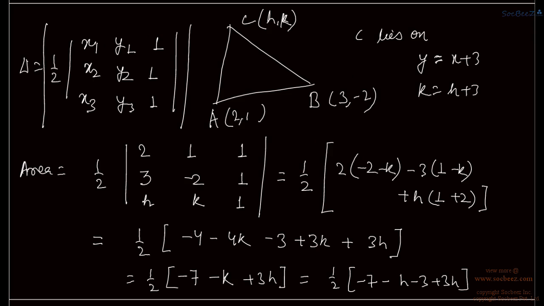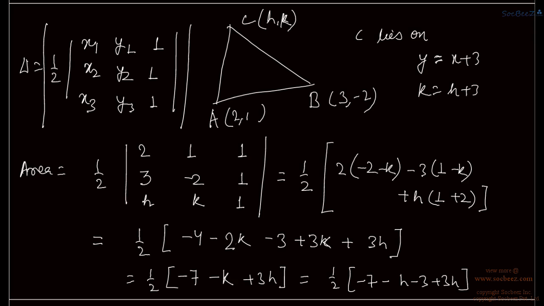that is 3. So minus 4 minus, actually see here we have made some mistake, this should be minus 2k, right? This is minus 2k, then minus 3 plus 3k and 3h.